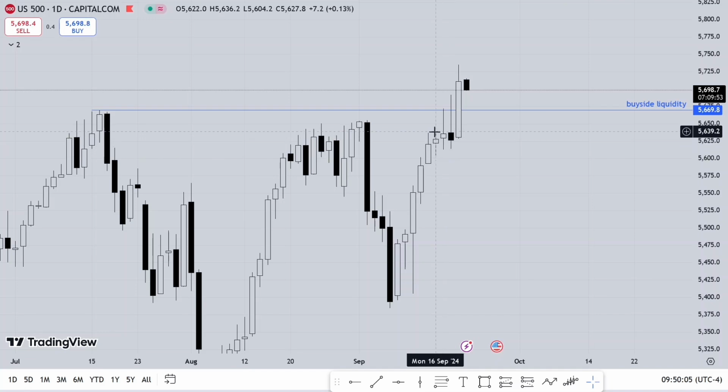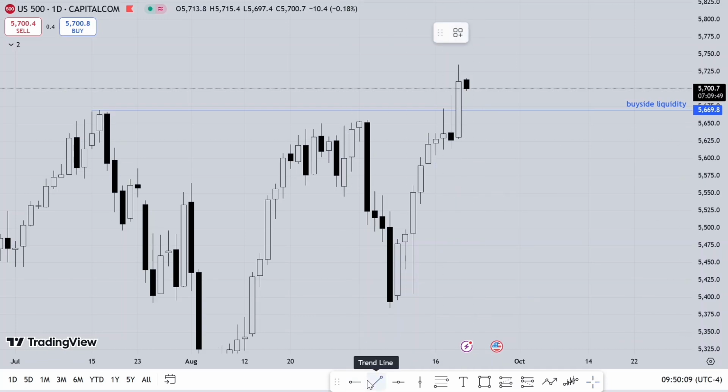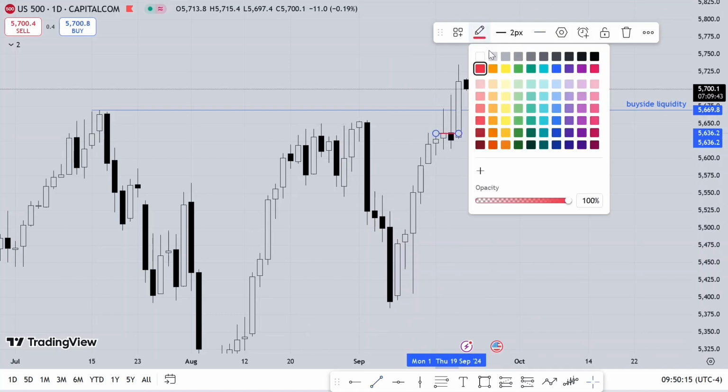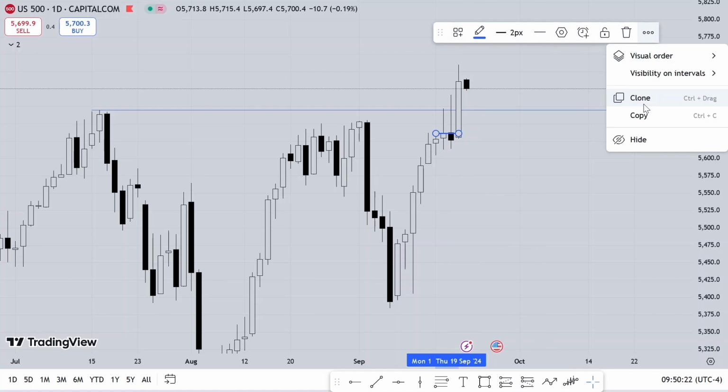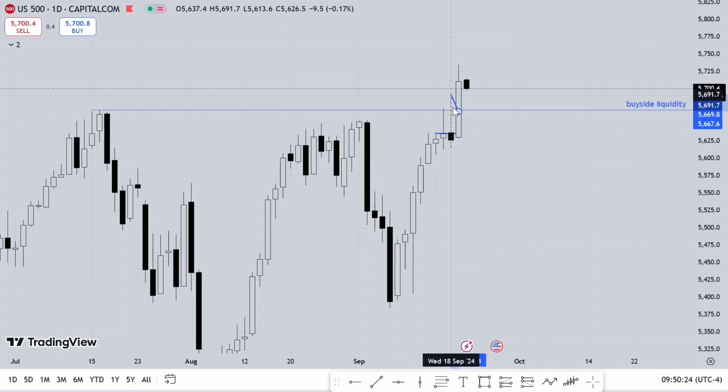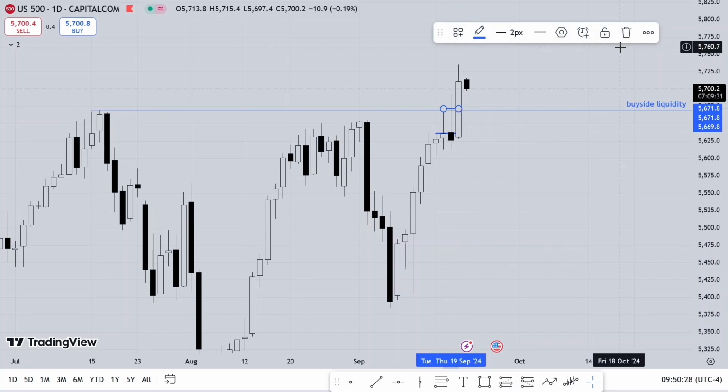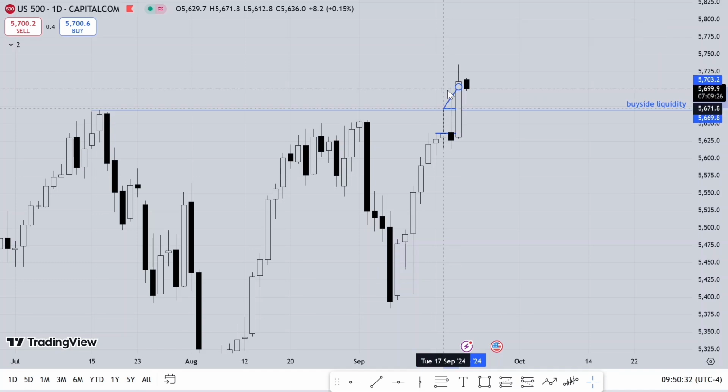Then we rallied for Monday's highs, which is these highs here. So when you're bullish, you are interested in price taking out the previous day's highs. So here is the previous day's highs. Then here is Tuesday's highs. And here we have Wednesday's highs.